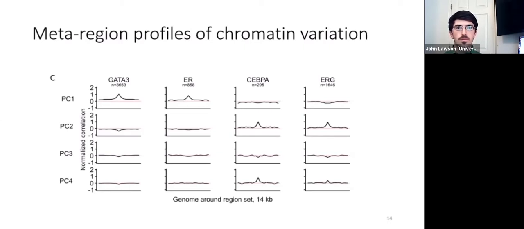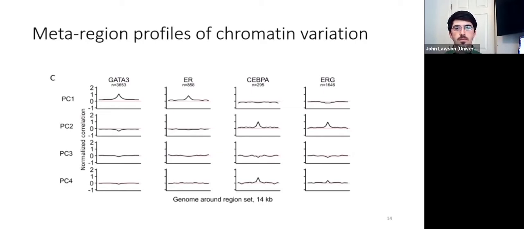So in the center is our 500 base pairs of the estrogen receptor ChIP-seq regions, and we've expanded that to be 14 kb centered on those ChIP-seq binding regions of estrogen receptor. And then we're plotting the correlation between the ATAC-seq signal and the principal component scores. So you can see that a sample's PC1 score correlates with chromatin accessibility specifically at the estrogen receptor binding regions and not at the surrounding genome.